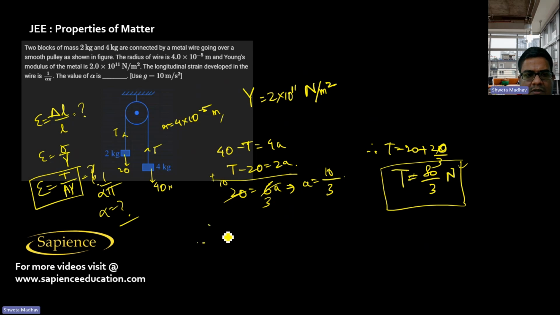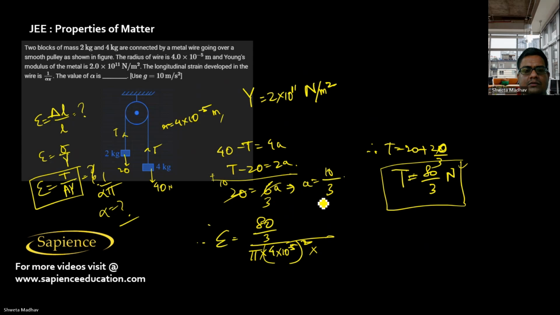Now, therefore, the strain will be tension force 80 by 3 by A, that is pi r square, r is 4 into 10 power minus 5 whole square, into Y. Y, the Young's modulus, is 2 into 10 power 11.